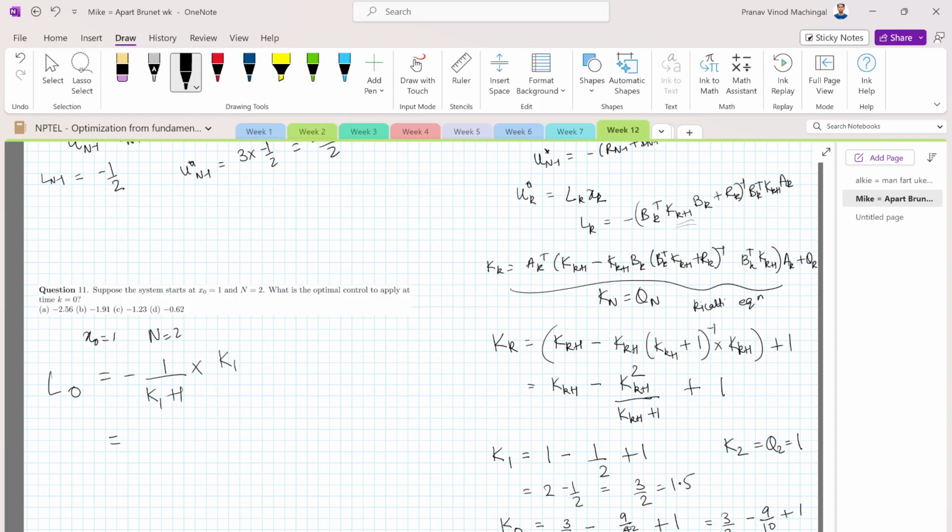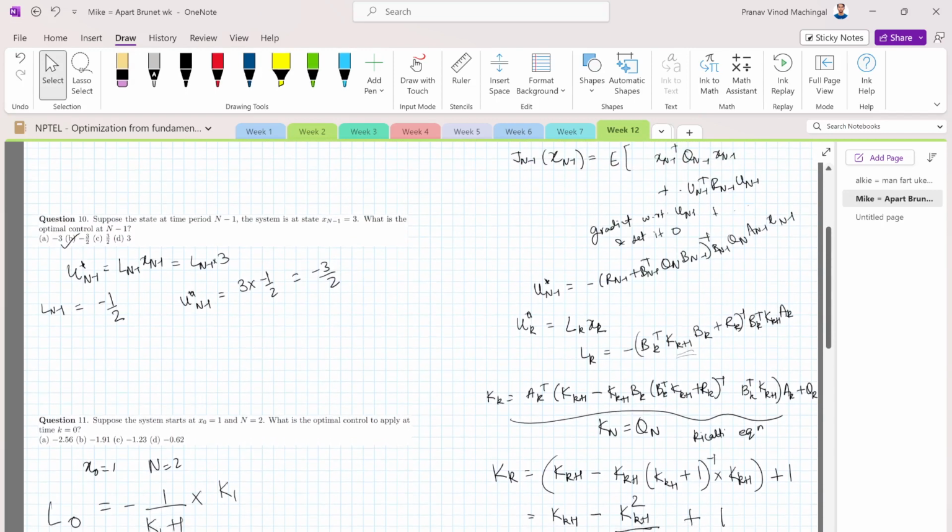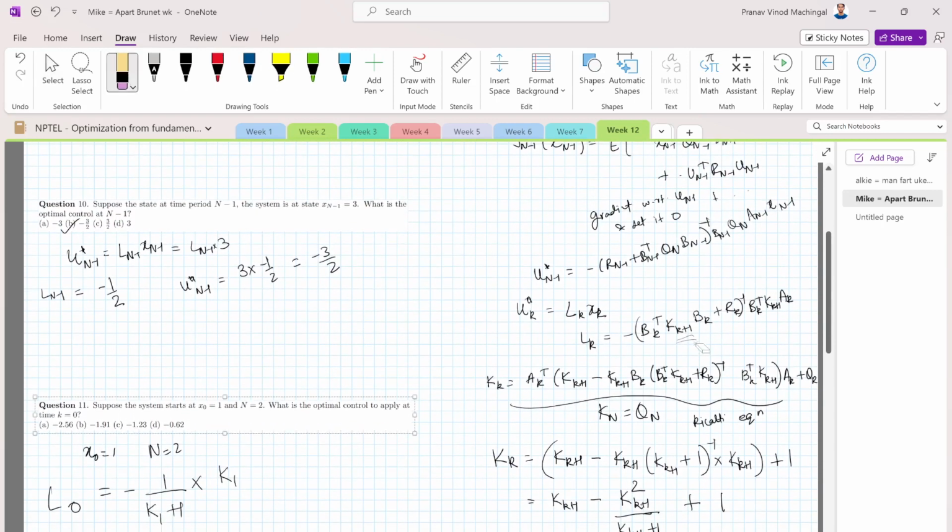I think here it should be K. I think here it is K only, not K plus 1. It is K only.